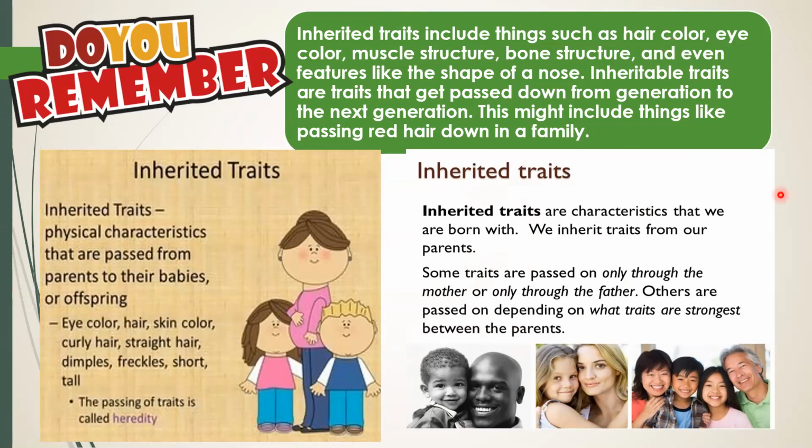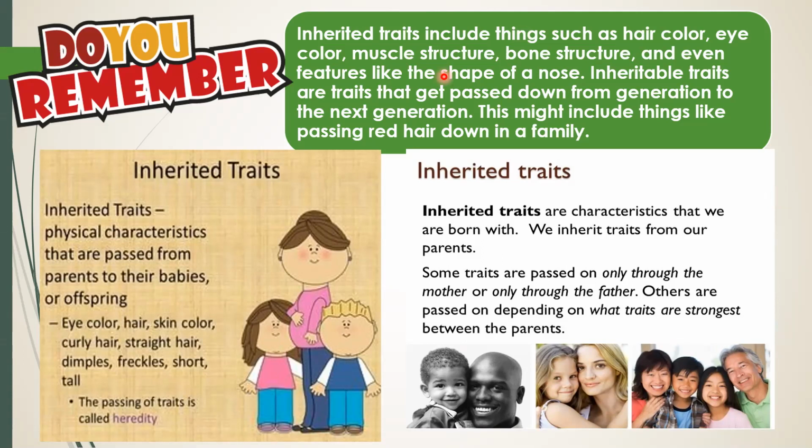Dear students, inherited traits are those traits that you got from your parents. That is what are called genetical traits. Those traits that you got from your forefathers or from your parents are called inherited traits.